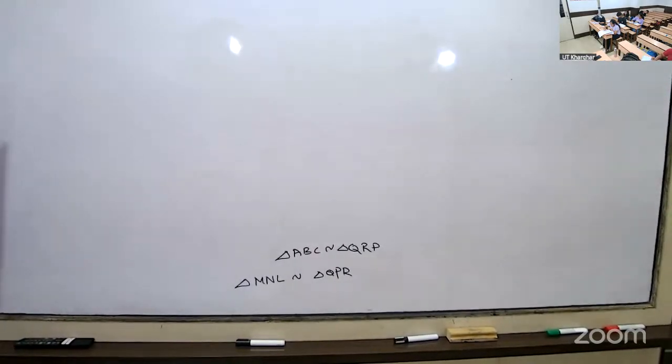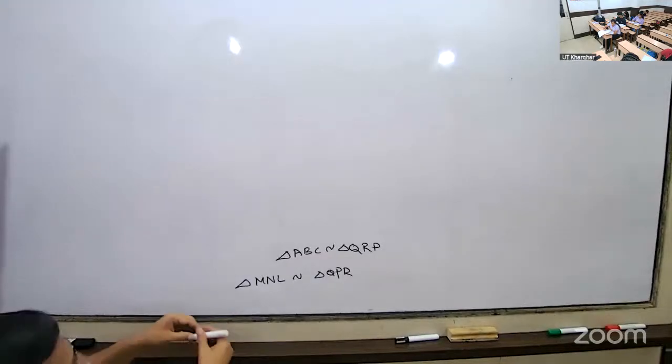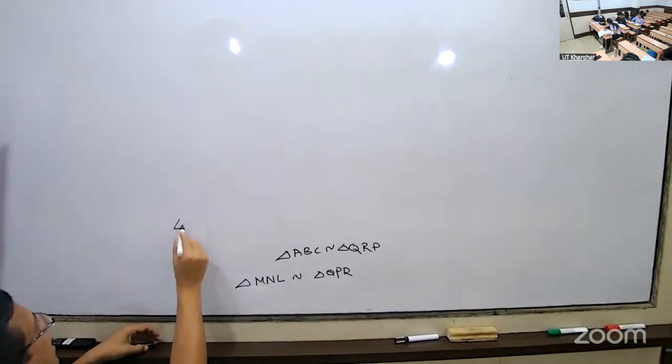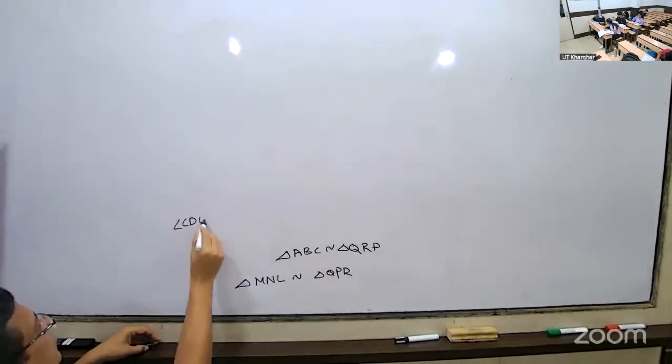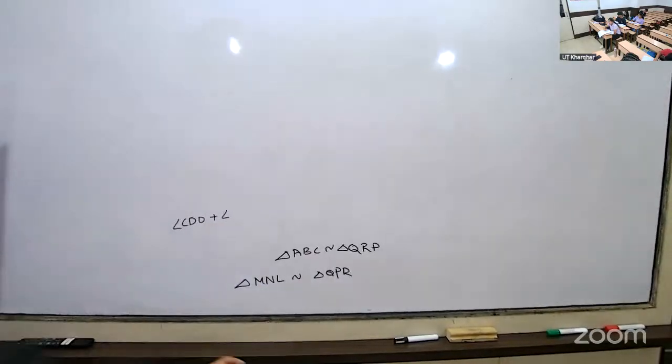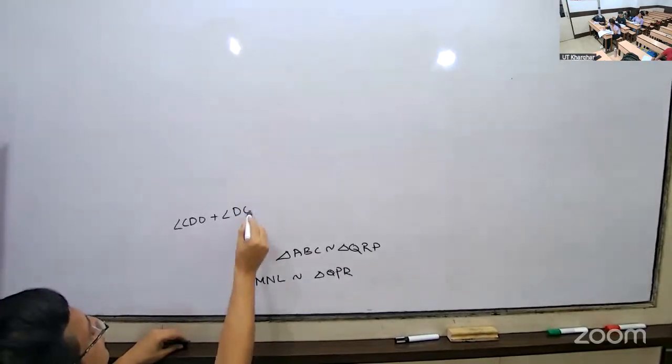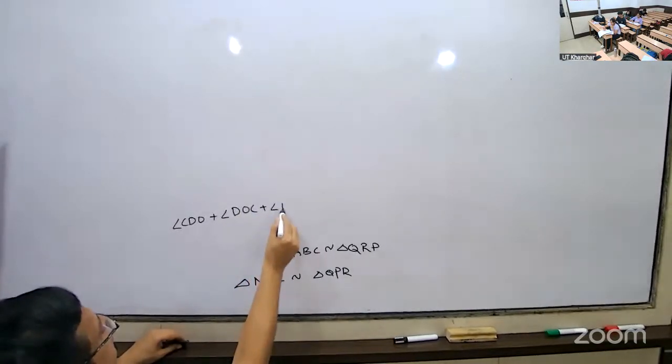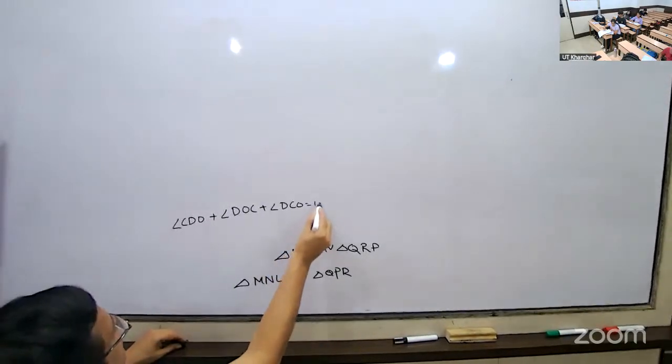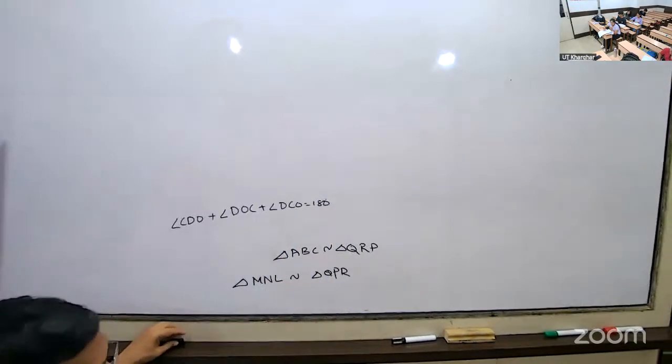Gandhi already said it, in triangle DOC, by the angle sum property, angle CDO plus angle DOC plus angle DCO is equal to 180 degrees.